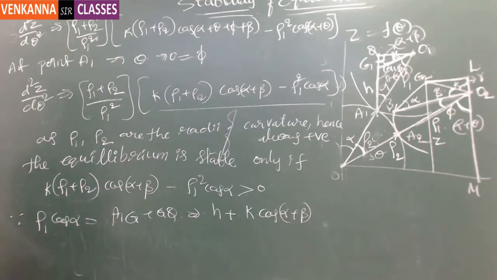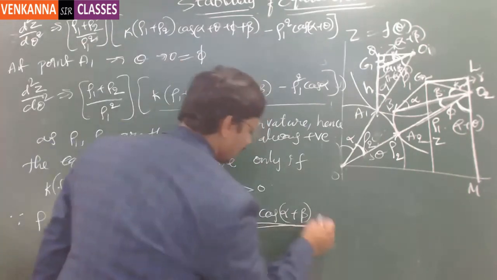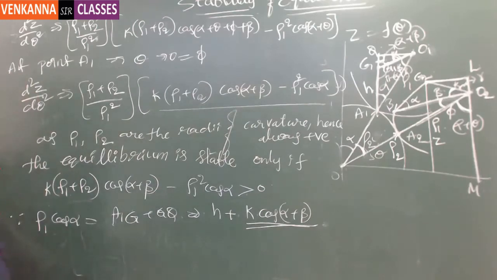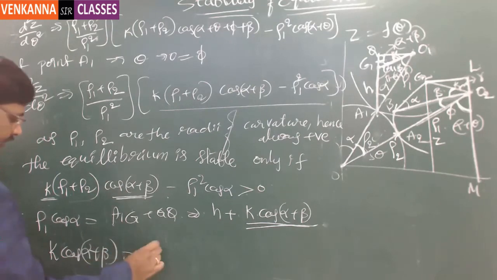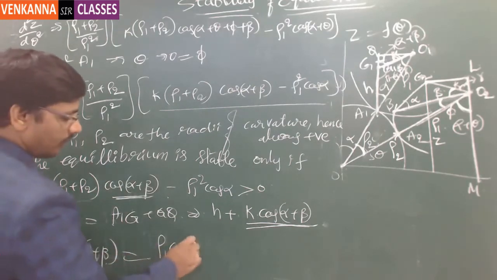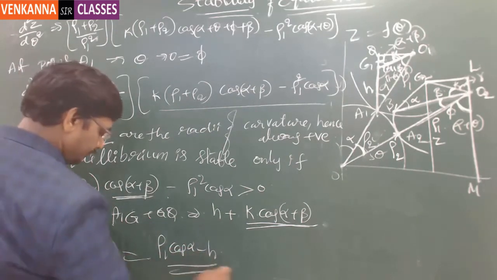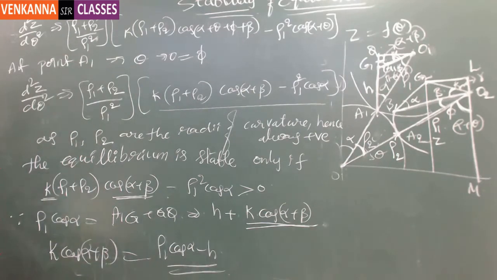So why we are bringing this one is, this k times of cos alpha plus beta, what we have got is k times of cos alpha plus beta here. So k times of cos alpha plus beta you can replace straight away with rho 1 cos alpha minus h. So this value actually we are going to replace it here.